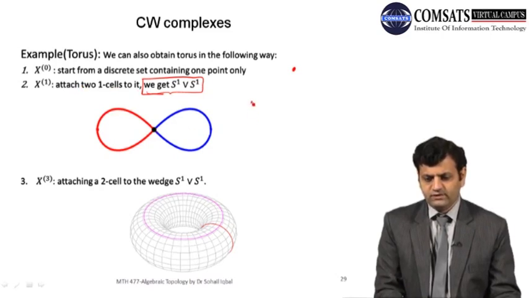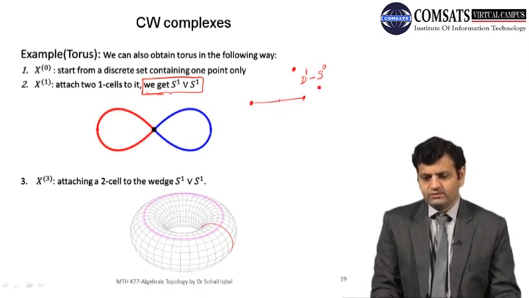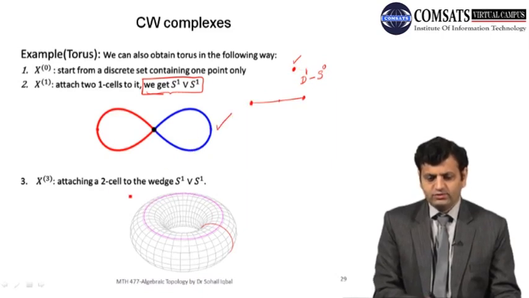We have already seen that a 1-cell is basically just this open interval, just D1 minus S0. S0 is 2 points, and D1 is this interval, a disk of length 1 inside R1. So this is a 1-cell, and we attach two 1-cells to this 0-cell, which is a point, and we will get this shape.